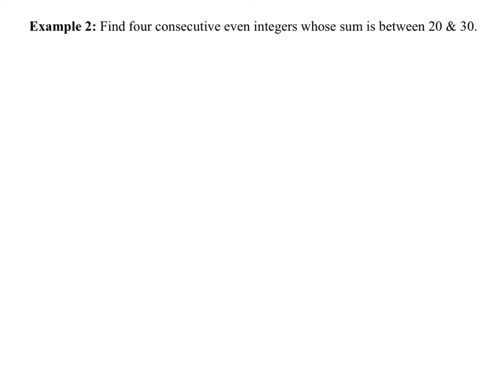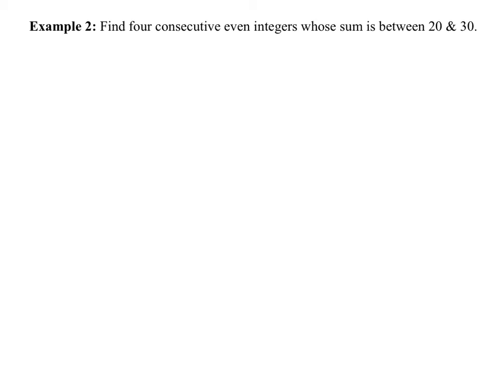I would say equal is not the right term. So x is greater than 2, but it's less than 4.5, right? Well, what even number is greater than 2 and less than 4.5? The original statement says find an even integer. So what value of x is an even integer?